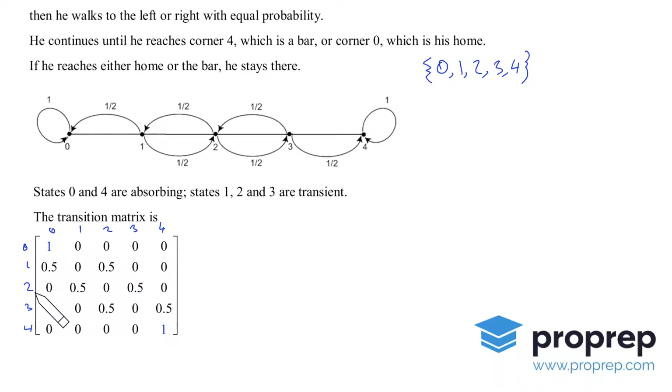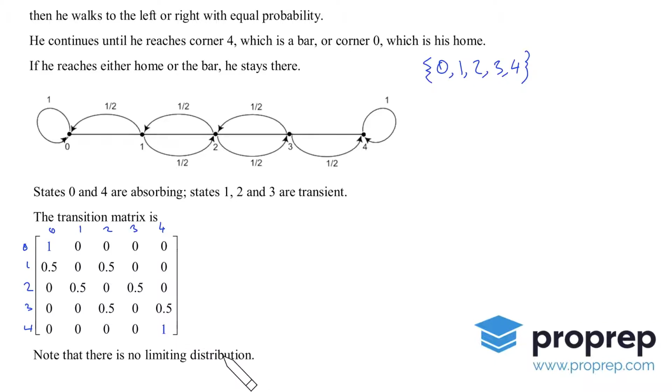For example, from state 2, I can go to 1 or to 3 with a probability of 50% each. From state 0, I can only go to state 0 with certainty. I put this in a different color to emphasize it. And 4 is also an absorbing state. So from 4, I can only go to 4 with probability 1.